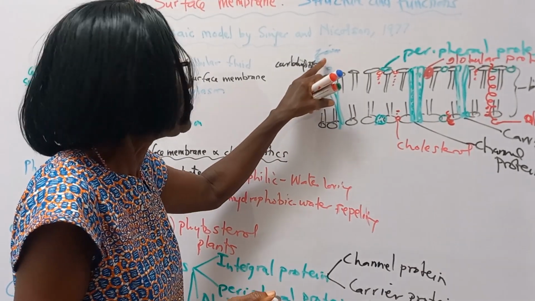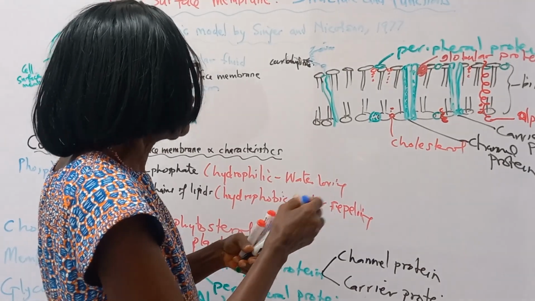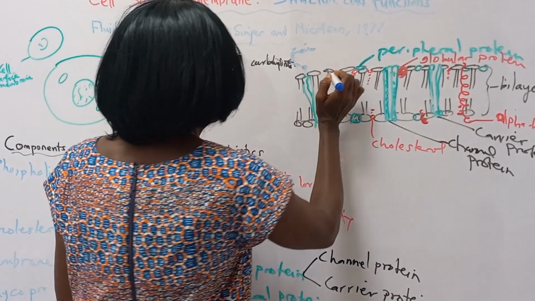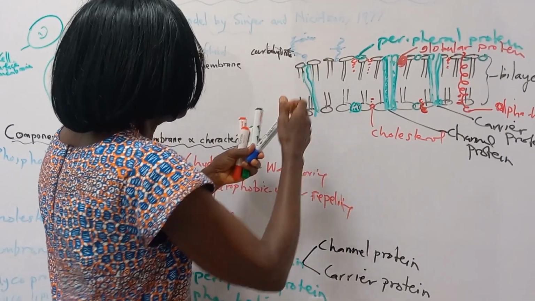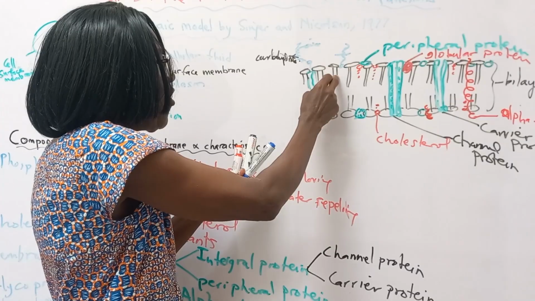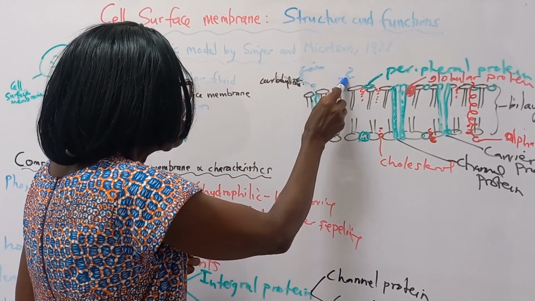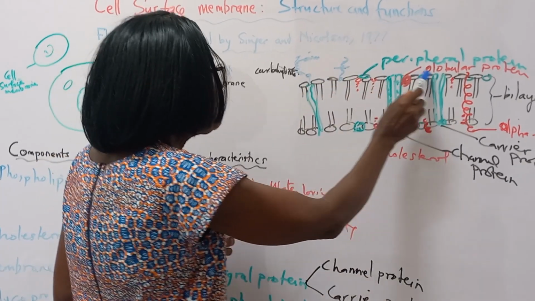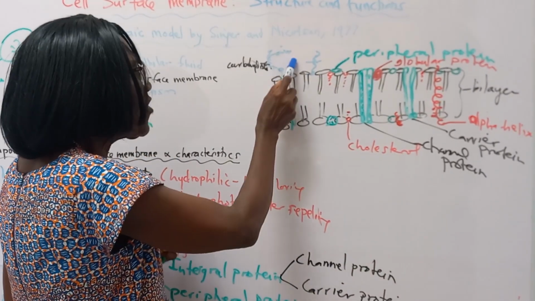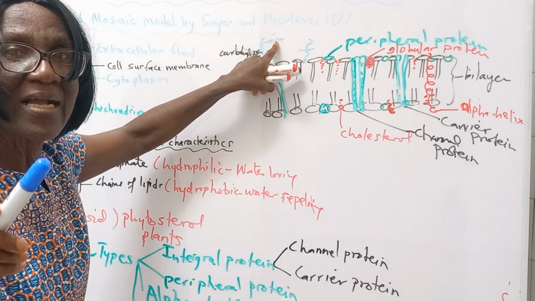That's a glycoprotein. And then the glycolipids are also chains of carbohydrates attached on lipid, the lipid part of the membrane. And these glycoproteins and glycolipids are only found on the outer surface of the membrane where there are carbohydrates.